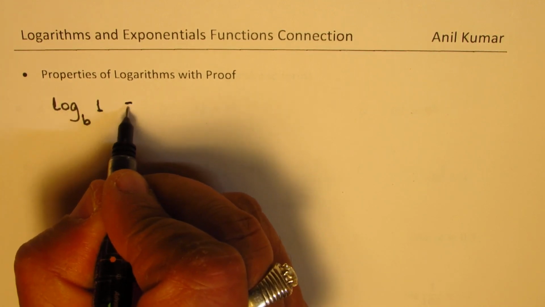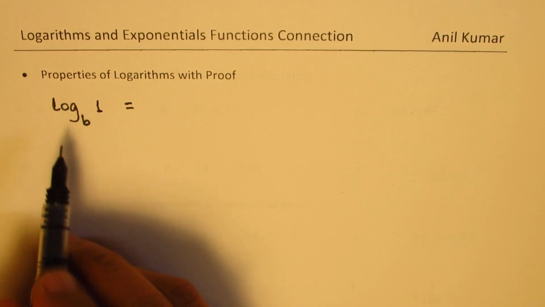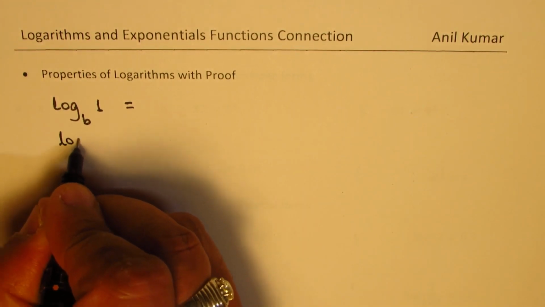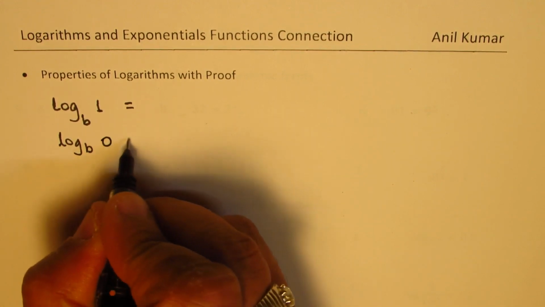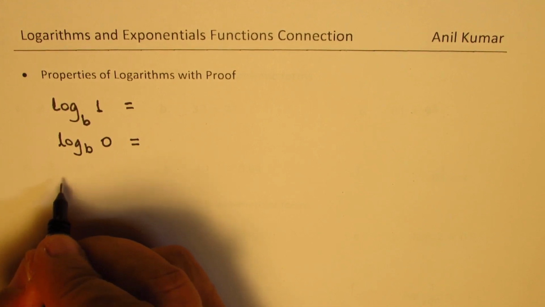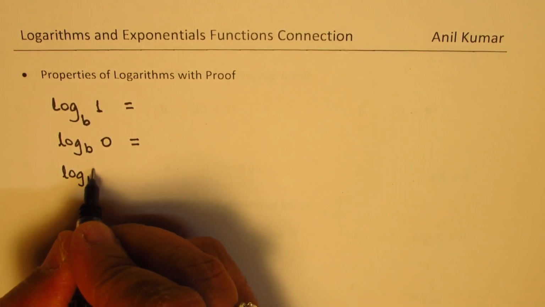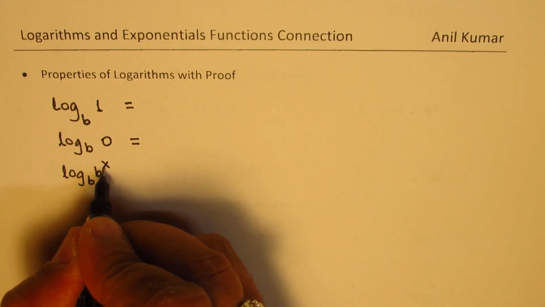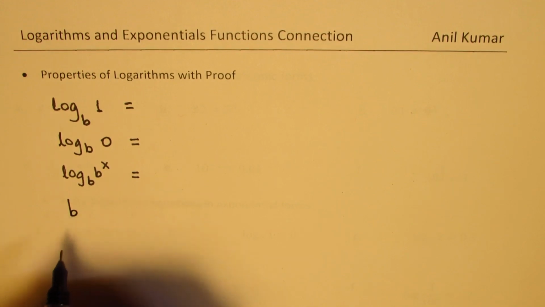So I'd like you to answer these questions. What should be log to the base b of 1? What should be log to the base b of 0? What could be log to the base b of b to the power of x? And there's one exponential term.